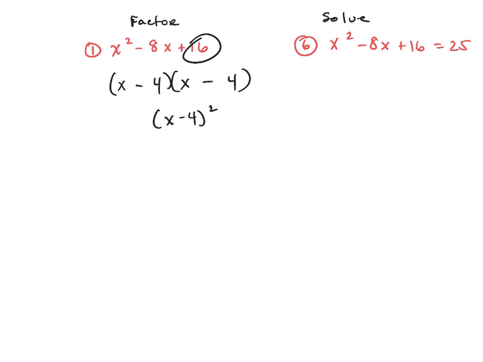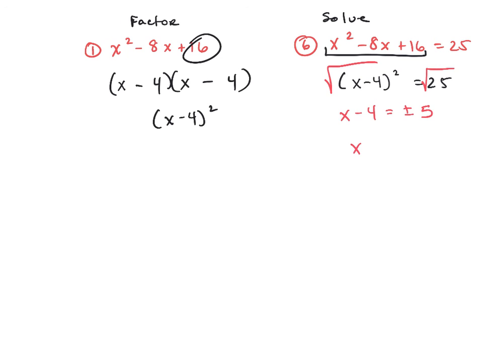Then in number 6, the problem across from it, that's the same part of the problem. And so we go, oh, that is x minus 4 quantity squared equals 25. And now we square root both sides. So now we're back into what we did just yesterday. Plus or minus 5.